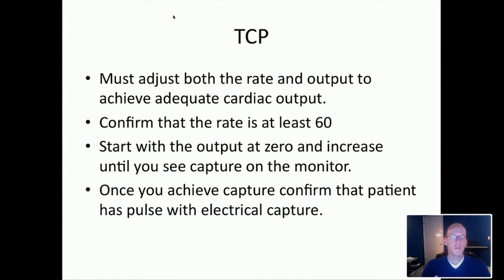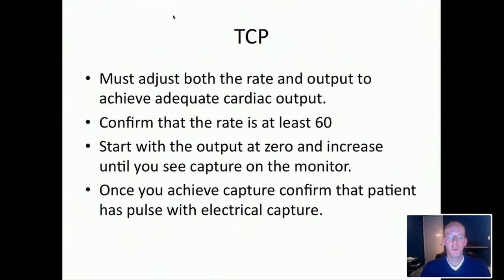When you hook up the transcutaneous pacer, you need to know that there are two different adjustments to be made. The pacer has a rate, which is how frequently it sends its stimulus out, and if you get capture, that relates to the heart rate you get. And it has its output, or the amount of energy sent out from the pacemaker.